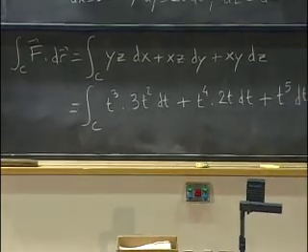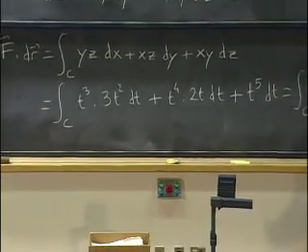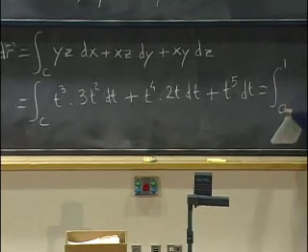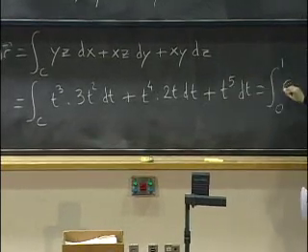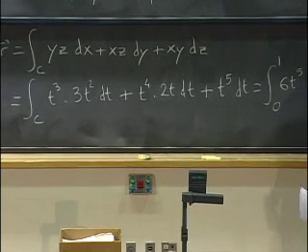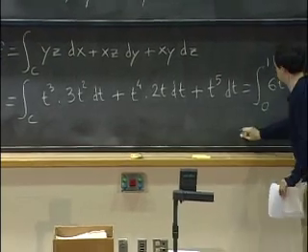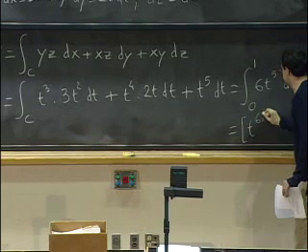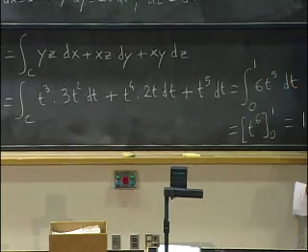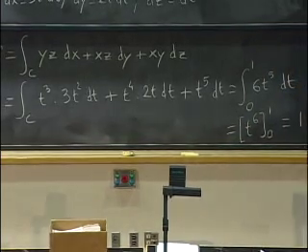Okay, so that just becomes the integral from, well, I guess t goes from 0 to 1 actually. And we are integrating 3 plus 2 plus 1, that's 6t to the 5 dt, which I'm sure you know integrates to t to the 6. So we'll just get 1. Okay?